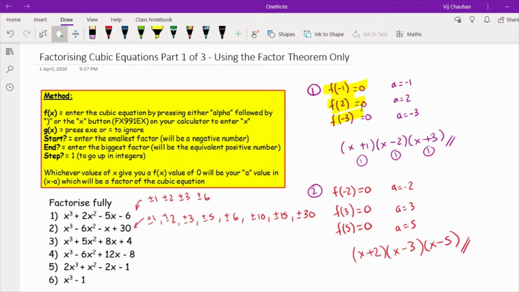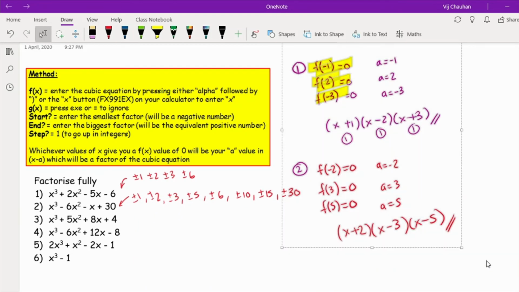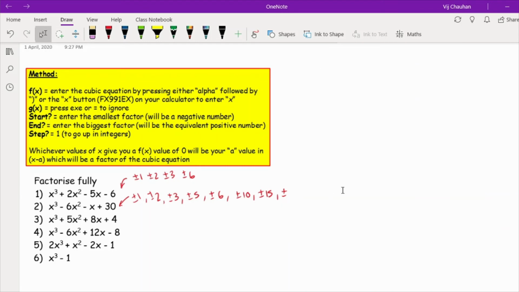So before I continue, let me wipe all of this off to give us a bit of room, and get rid of that so it's not distracting. So what I'm going to do is go through the exact same method with question 3. However, there is going to be a noticeable flaw in this method.